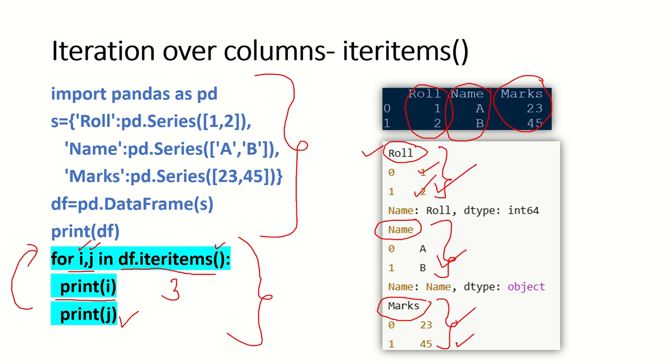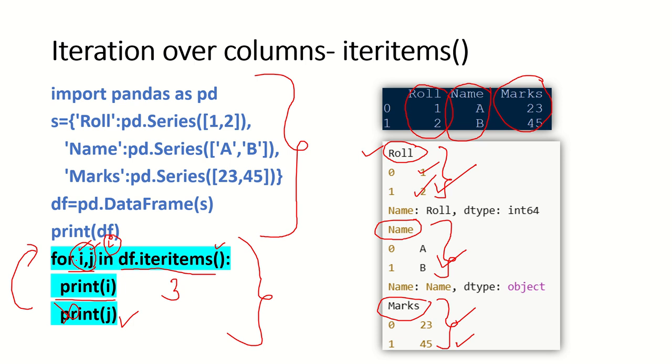Now it is not necessary that I always have to give i and j. This also works fine with a single variable: for i in df.iteritems. If I print i alone, all the values get stored inside i rather than splitting into i and j.